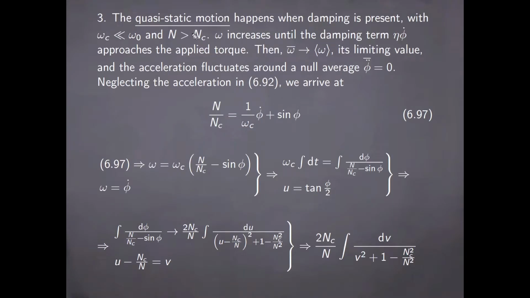The third case is that of quasi-static motion, which happens when damping is present, but the critical frequency is much smaller than the resonant frequency, and the driving torque is much greater than the critical value. What happens then is that omega will increase until the damping term approaches the applied torque.